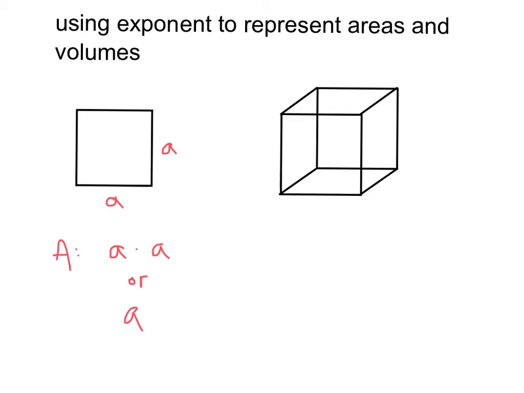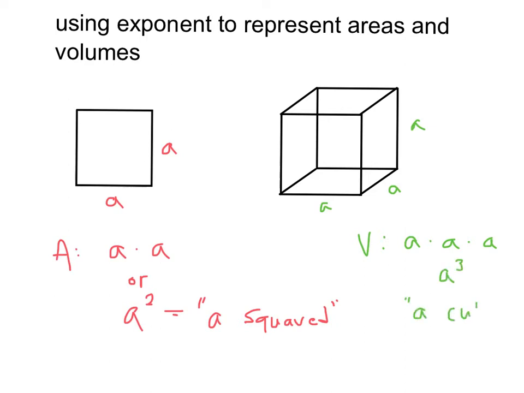This is why we refer to this as a squared, because it's really taking the principle of using a square. The same thing here, if we have side length a on this cube, all these sides are the same. And if I want to find the volume, I take a times a times a, and that gives me a to the 3rd power, or what we call a cubed.